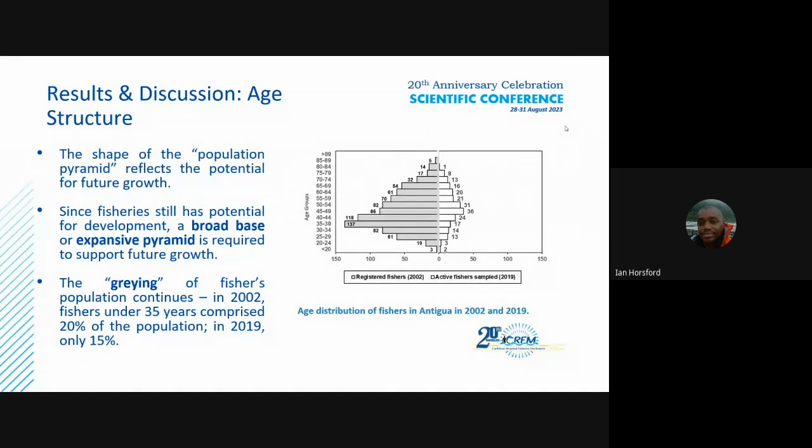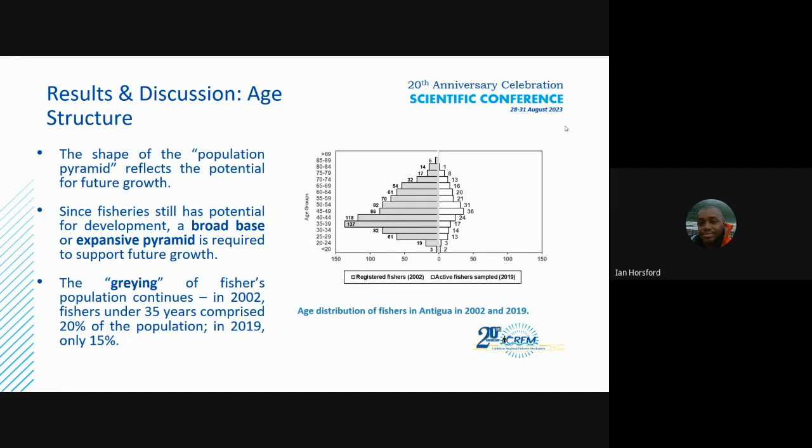Using the current information from the active fishers, that situation is actually worse, in that now, in 2002, fishers under 35 years comprised 20% of the population. In 2019, it's only 15%.